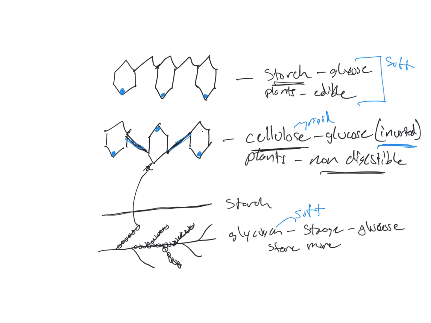Just understand the different types of polysaccharides, and then a few of the time on this one for sure is chitin. This one is found in insects. I believe this one's non-digestible as well.